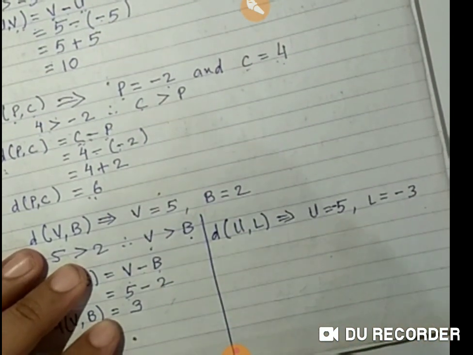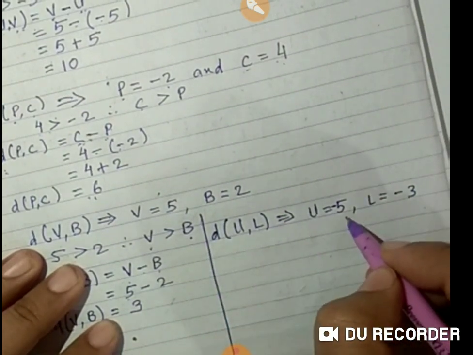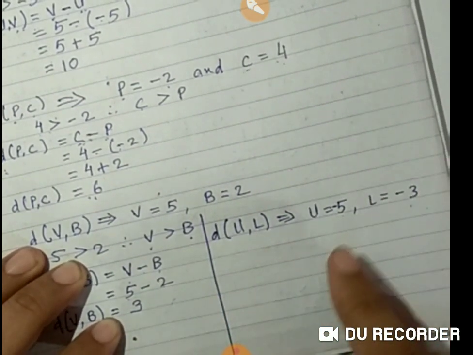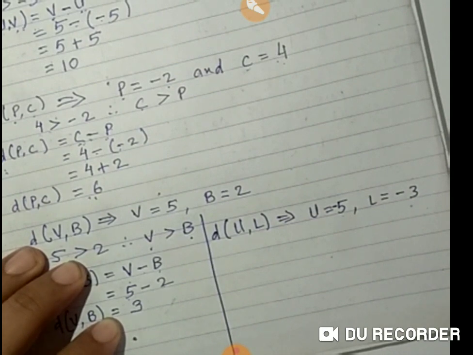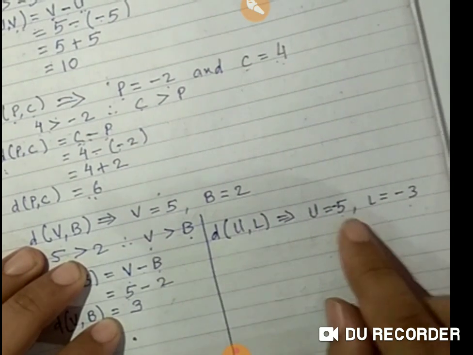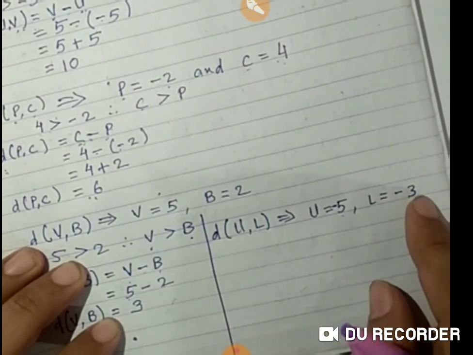Now we're going to decide which of them is greater. The greater negative number will be smaller. So here -3 is greater than -5.